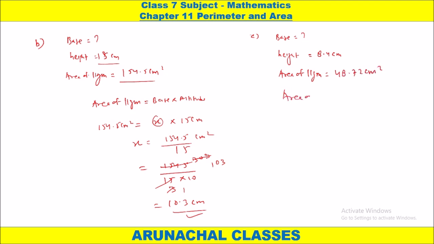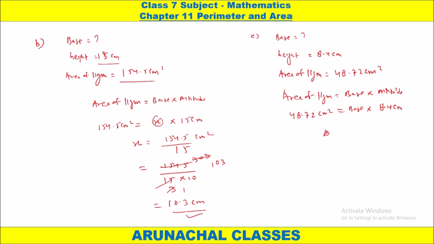We know that area of parallelogram is given as base multiplied with altitude. Now here base value is not given, and altitude is given, that is height is given, that is 8.4 centimeter. Area of parallelogram is 48.72 centimeter square.